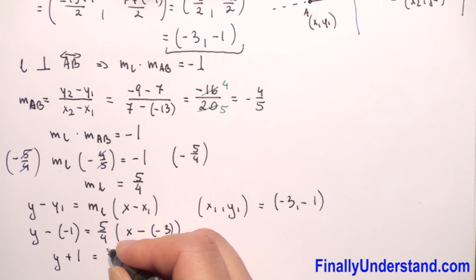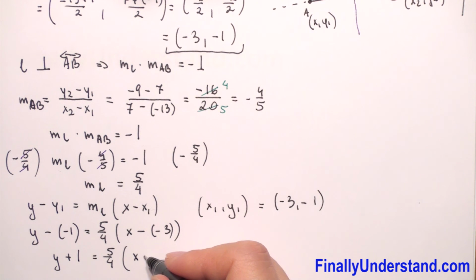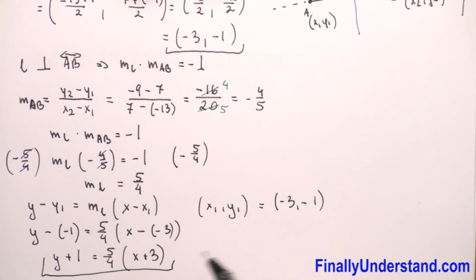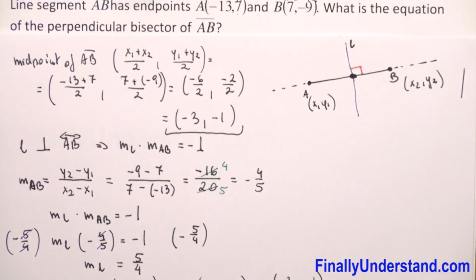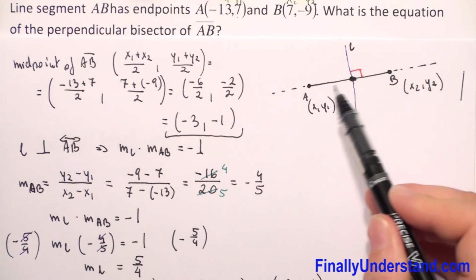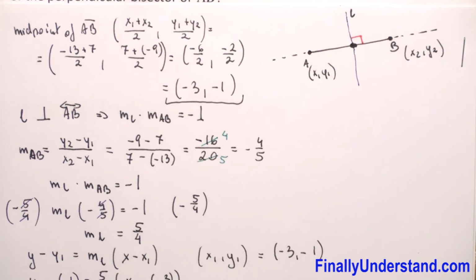This is equal to 5 over 4, and in parentheses we have x, negative and negative give positive, so we have plus 3. We found the equation of the line which is perpendicular to segment AB, and this is our solution.